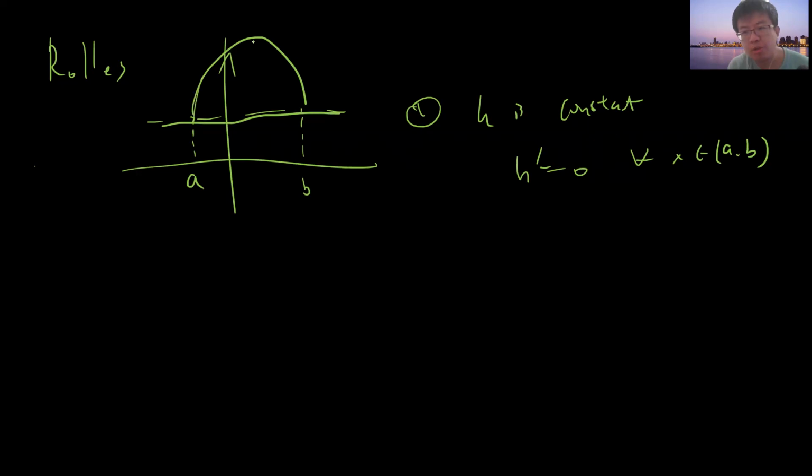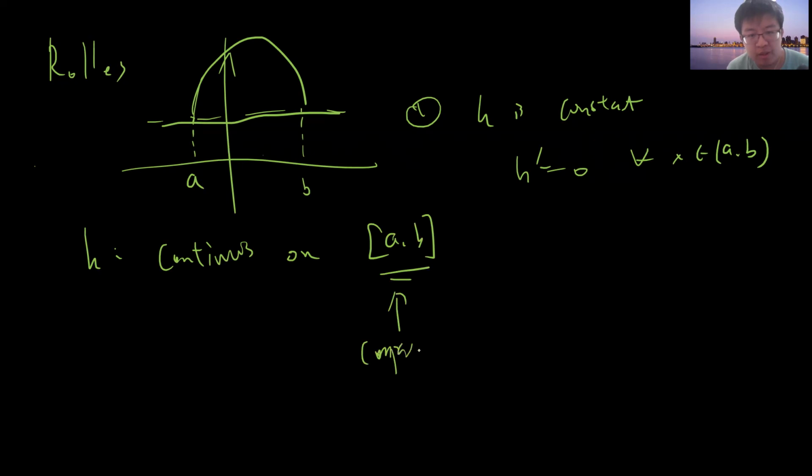Then it must have a local maximum or local minimum. The reason is that h is continuous on [a, b], and [a, b] is compact. A continuous function on a compact set must have a global minimum and a global maximum.